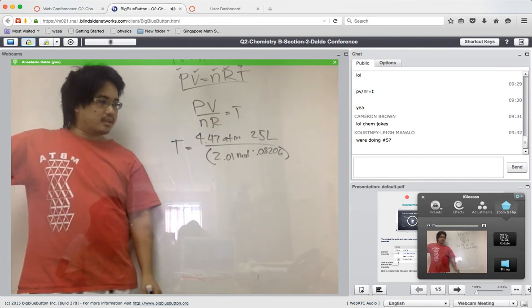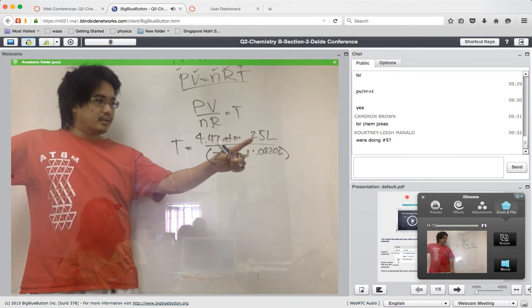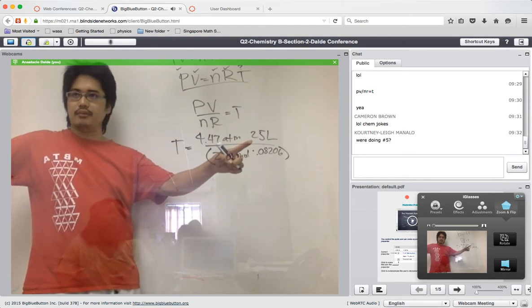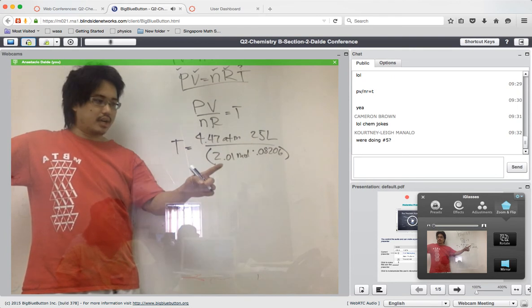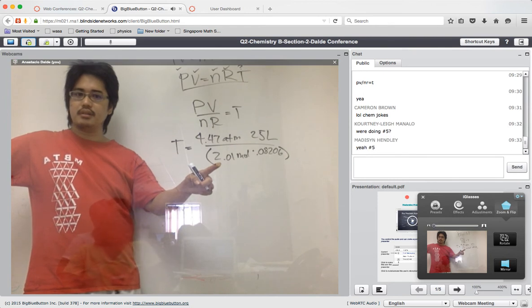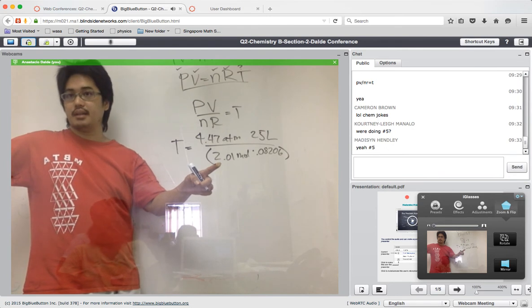So I have a container that can fit 1 mole of gas normally. But how many moles of gas am I putting in there? I'm putting in 2 moles of gas, 2.01 to be exact.